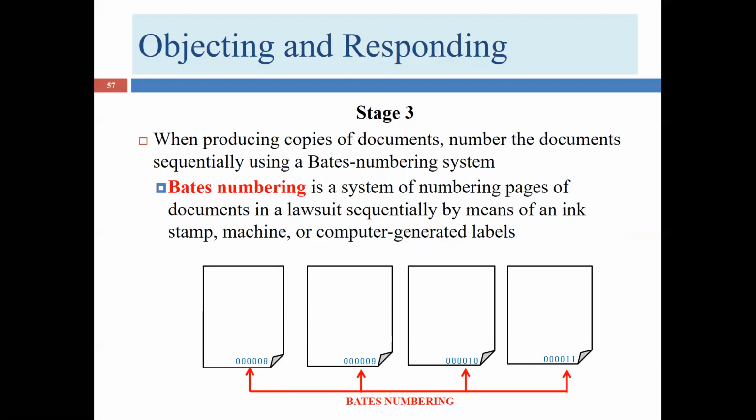Nowadays, yes, there are still times where you have to Bates stamp. You actually have the stamper, but there's also computer-generated labels and machines. Photocopy machines will do it. There's lots of newfangled ways of doing it that makes life a little bit easier, but when people talk about Bates stamping, that's what they're talking about. And typically you're going to have a relatively long digit.